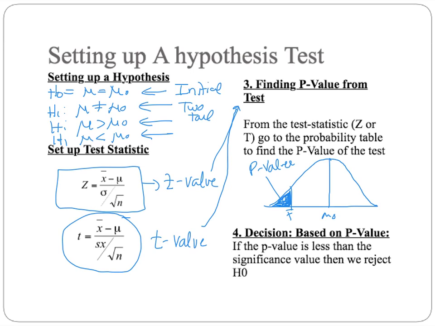And if the p-value is less than 5%, we typically reject the null hypothesis. So the significance value alpha equals 0.05, and if the p-value is less than 0.05, we reject usually. And of course, we can set up alpha any way we wish to do so.